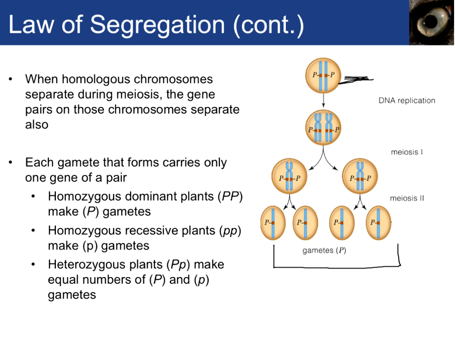So if you had a heterozygote, one capital P and one lowercase p, you're going to have four gametes that form, and two of them are going to be capital P, or dominant alleles, and two of them are going to be recessive.